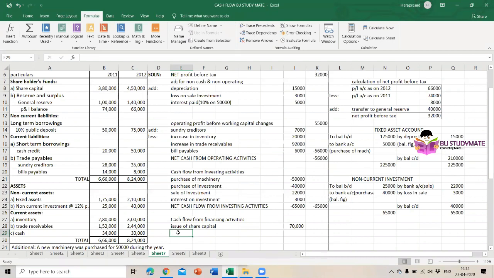Interest paid to public deposit. We have to write how much we have paid as interest, because we have already calculated it here. We have paid 5,000 rupees interest.